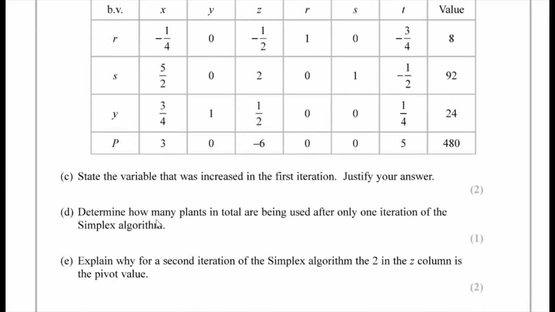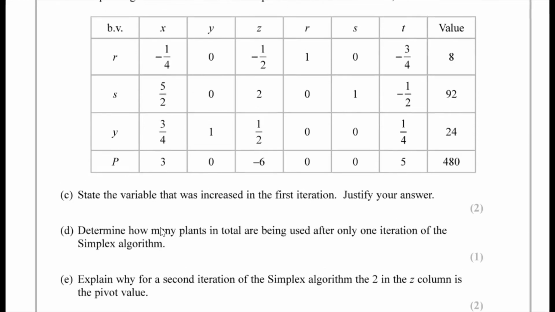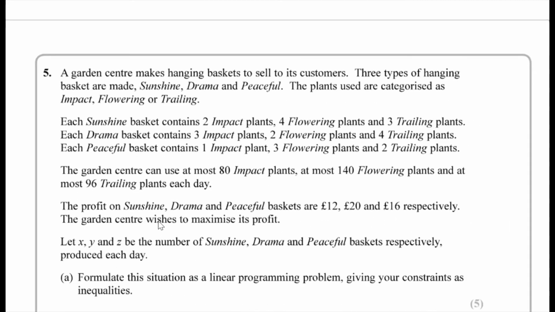Now, in terms of part D, we have to determine how many plants in total are being used after only one iteration of the simplex algorithm. Well, originally, if you look over here, in terms of the plants we can have at most, we have 80 plus 140 and 96.